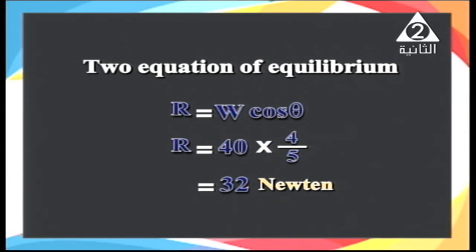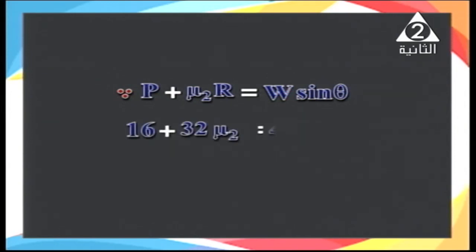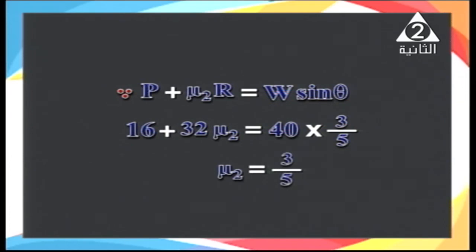The second equation: B plus μR equals W sine theta. By substitution, B equals 16, R equals 32, W equals 40, sine theta equals 3/5, so μ equals what? 3/5. The static friction coefficient is 3/5.